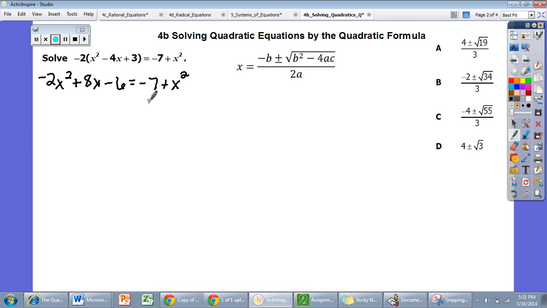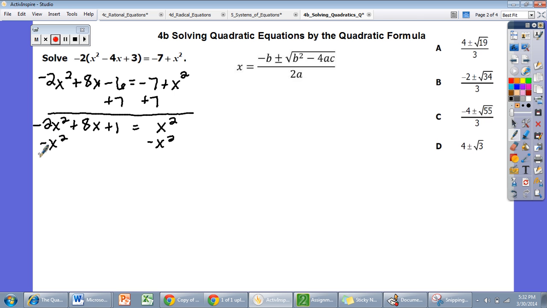So we have to get all of our terms over to one side. The first thing I'm going to do here is just add my 7 to both sides. So -2x squared plus 8x plus 1 is equal to x squared. I'm also going to subtract this x squared from both sides, so that I have -3x squared plus 8x plus 1 is equal to 0.